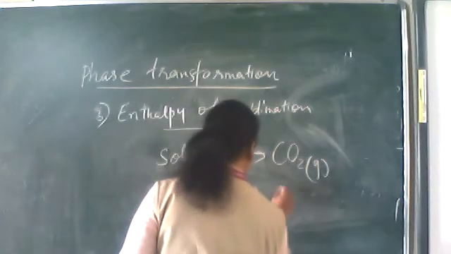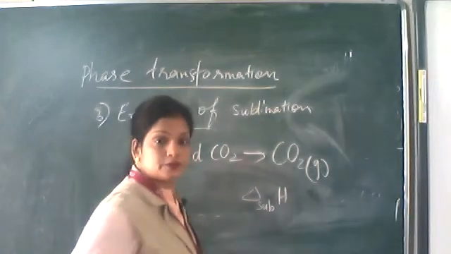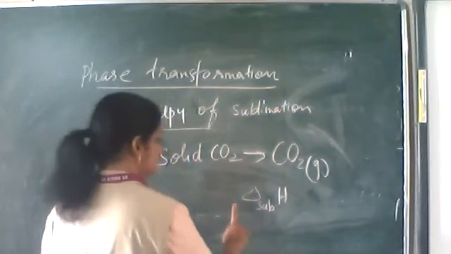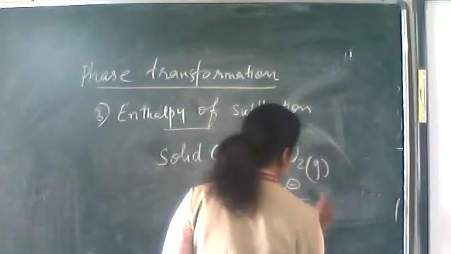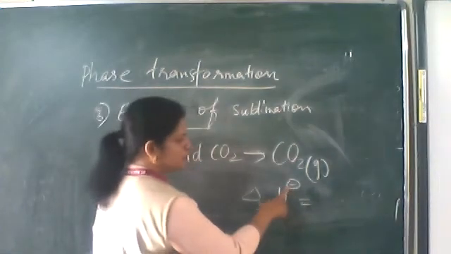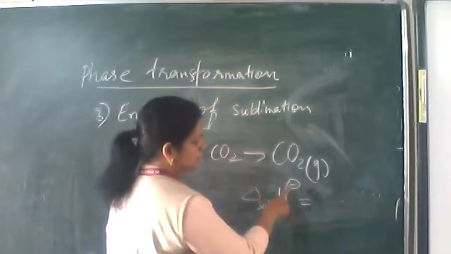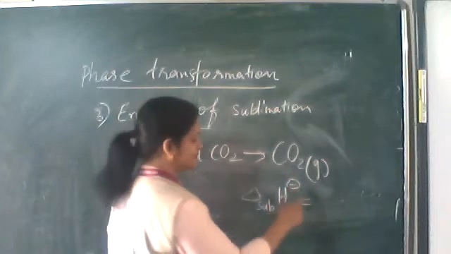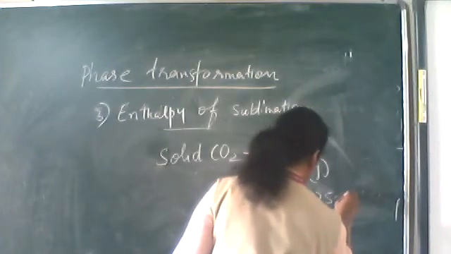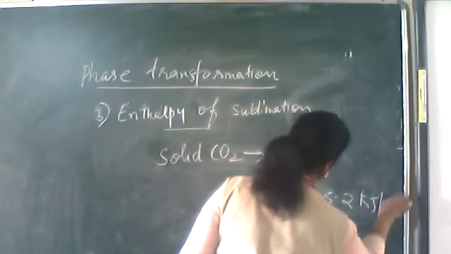So delta H sub stands for sublimation. These all are in standard condition. Standard condition means specified temperature and 1 bar pressure. To show that we can put this standard sign, one line that is encircled. So this is 25.2 kilojoules per mole.